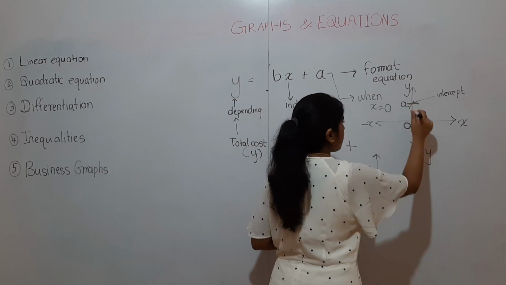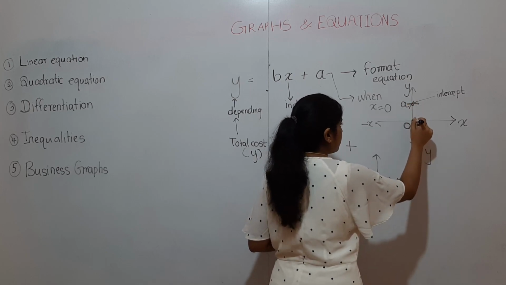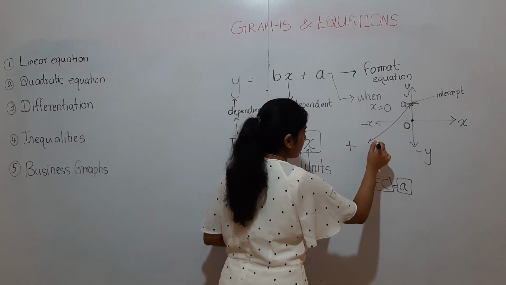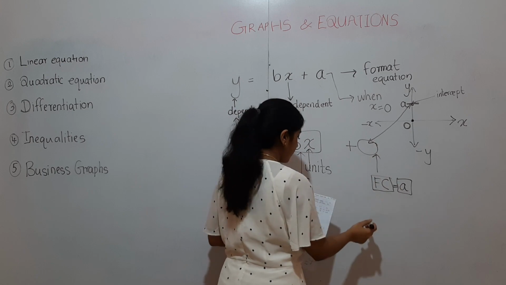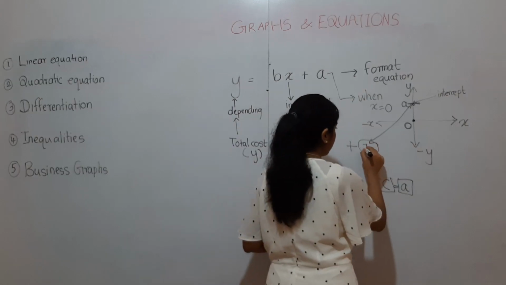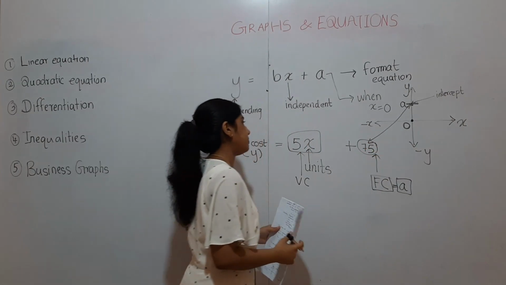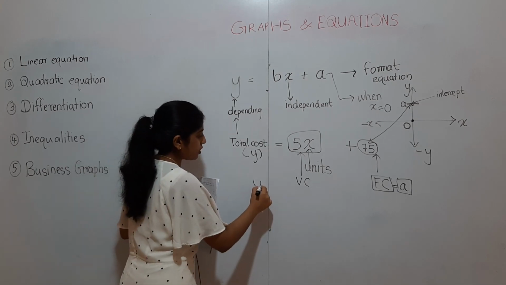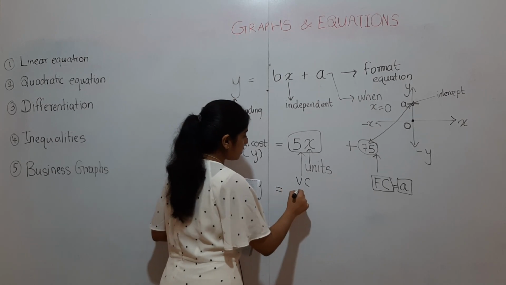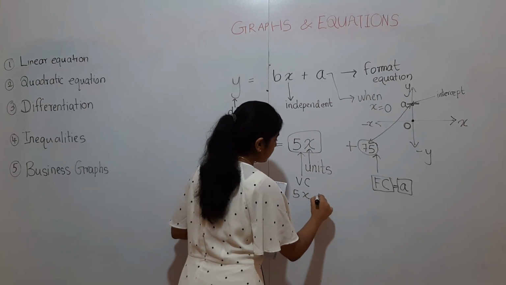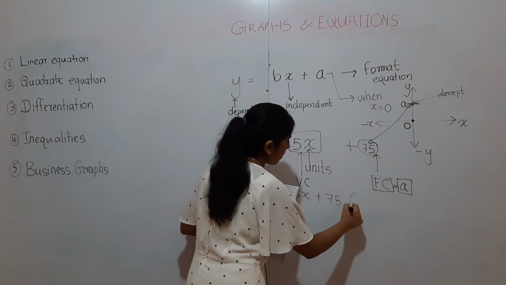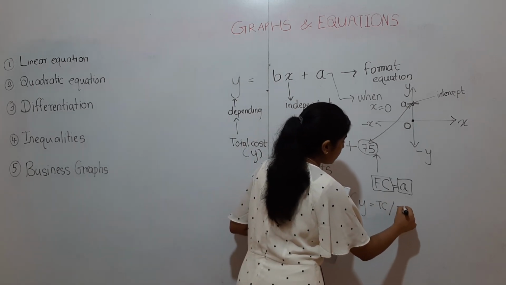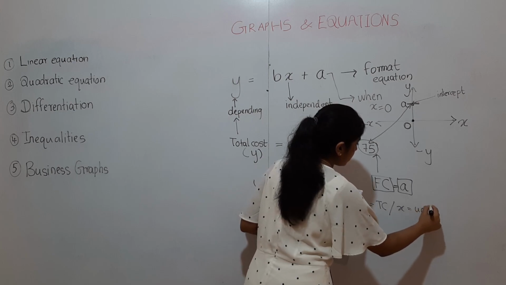If there is a figure for y when the output is 0, that figure must come here to the equation. What is it as per the question? 75. Therefore, our final equation will be y equals 5x plus 75, where y is the total cost and x is the number of units.